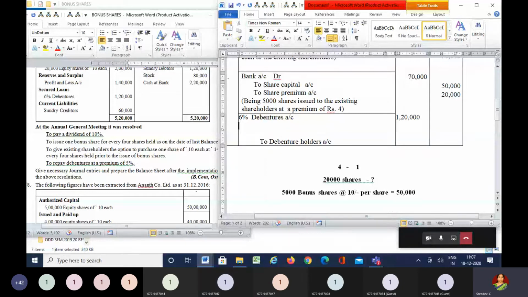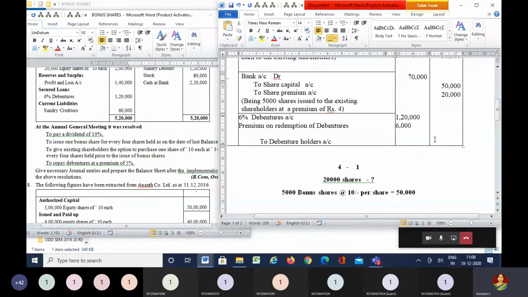So as the company has decided to give a premium, which is going to be a loss, therefore it is to be debited. So premium on redemption of debentures, amount to be debited over here.